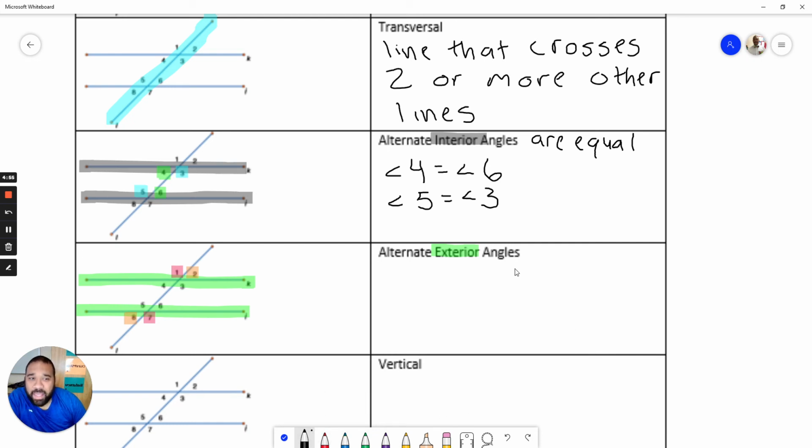And just like the interior angles, they are equal. So that means that angle 1 is equal to angle 7, and angle 2 is equal to angle 8, because they're alternate exterior angles.